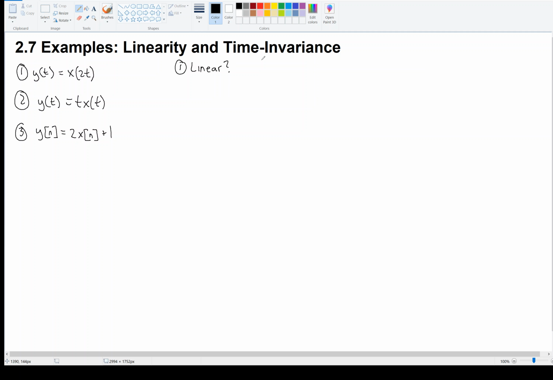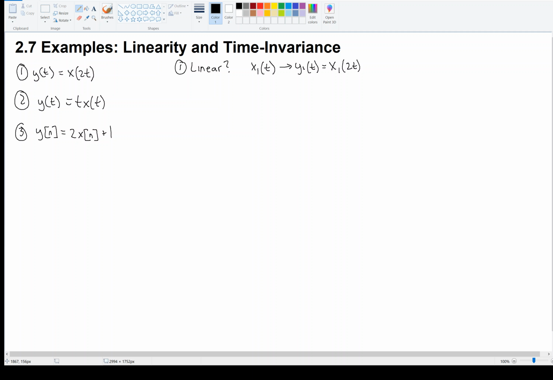Okay, so if I put in a signal x1 of t, then that would produce a signal we'll call y1 of t. And what is that signal? Well, it's whatever I put in, x1 of 2t. And here the subscripts just mean I'm putting in something particular.